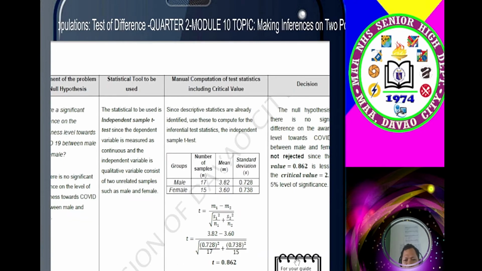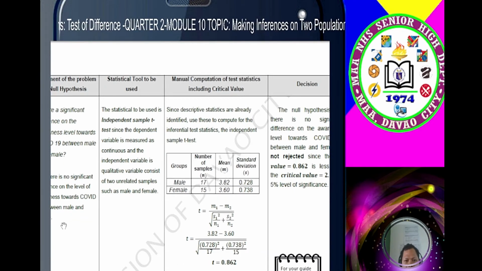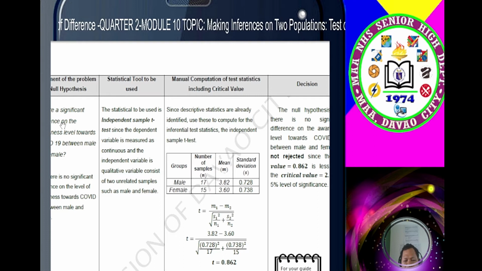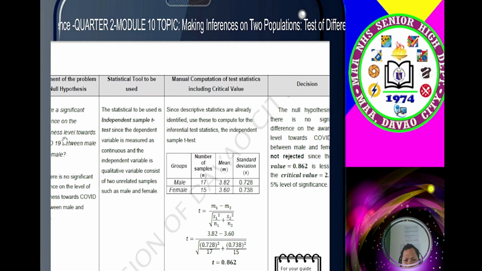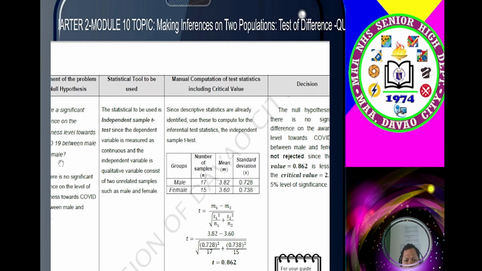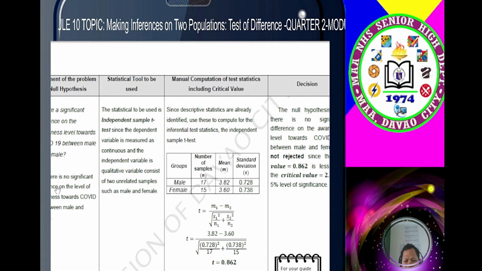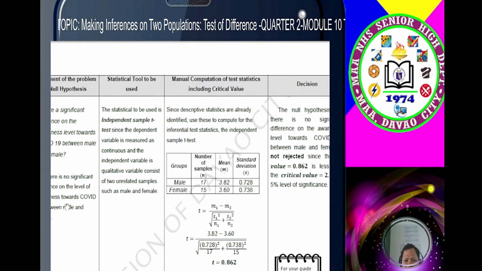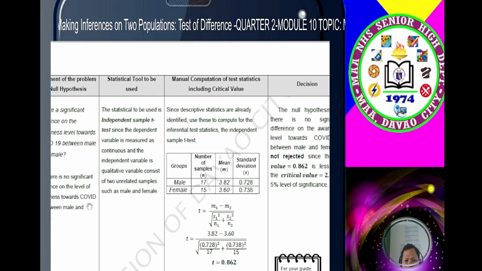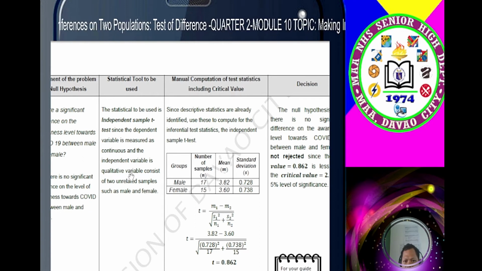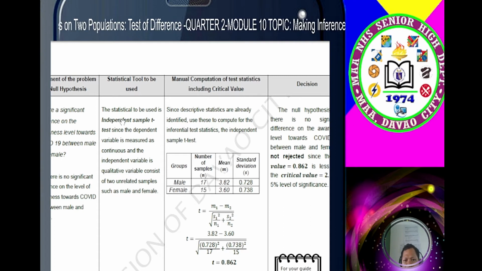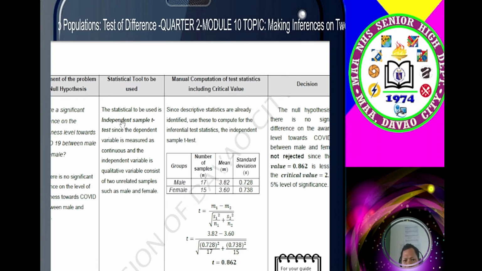Let's analyze. Based on your hypothesis, our research question is: is there a significant difference in the awareness level towards COVID-19 between male and female? So our H0 here is there's no significant difference in the level of awareness towards COVID-19 between male and female. Then let's decide what statistical tool to be used.